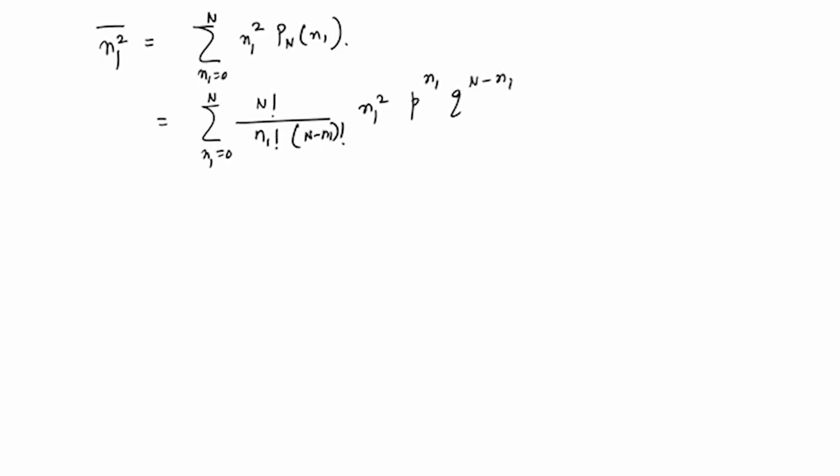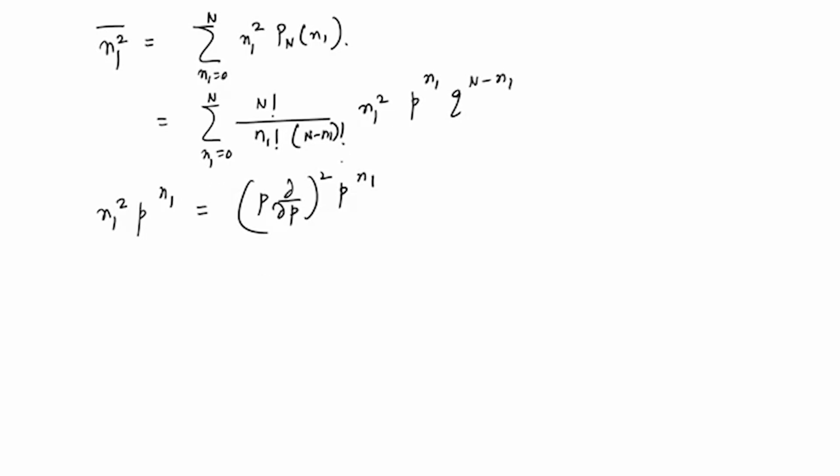Now, once again you see that n1 square p to the power n1 is equal to (p del/del p) squared of p to the power n1.